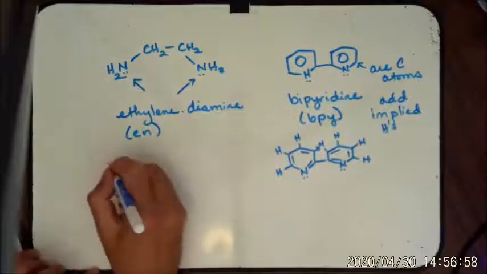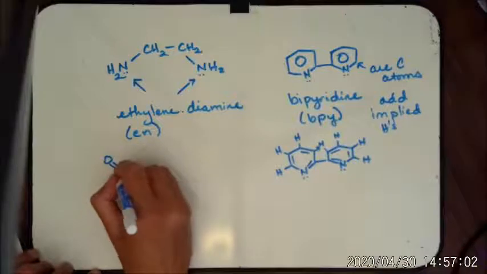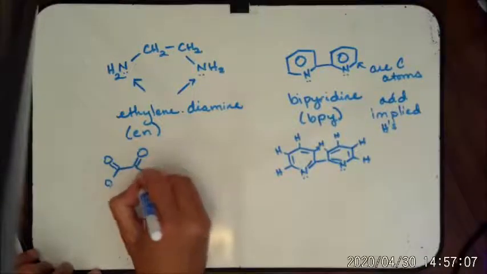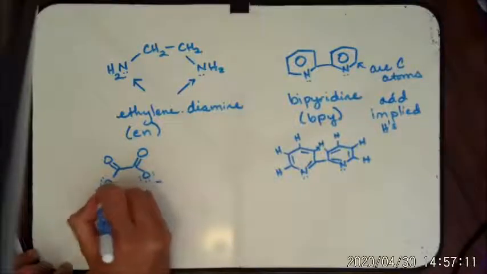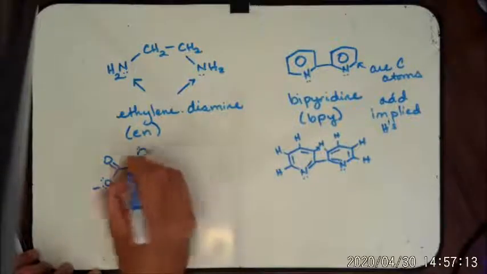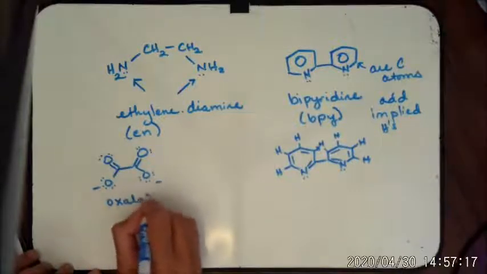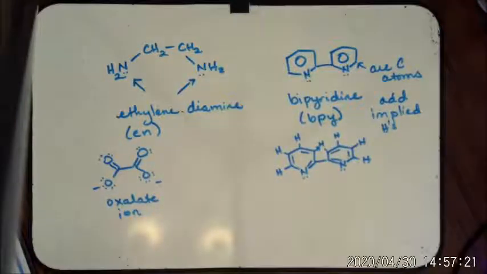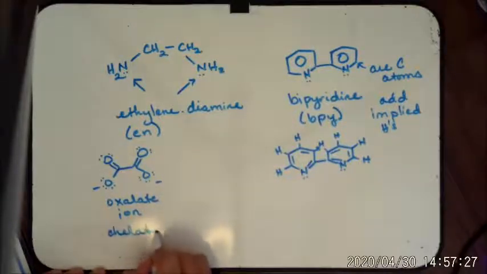Okay. The other two I want to show you. This is the oxalate ion. Okay. Now, why the oxalate ion? Because remember, with the oxalate ion, this chelates actually calcium really well.